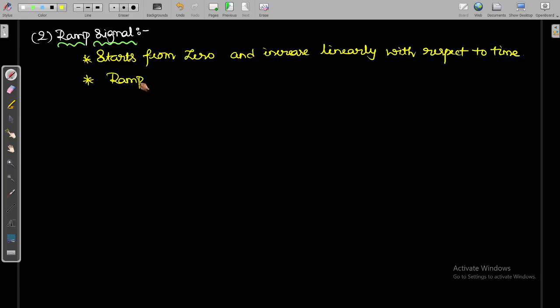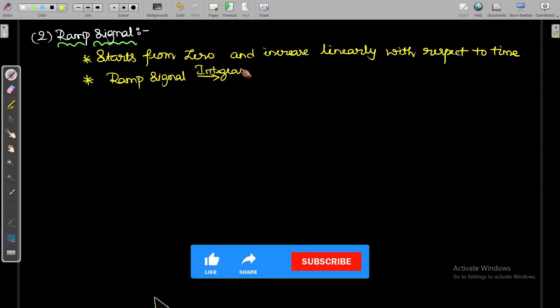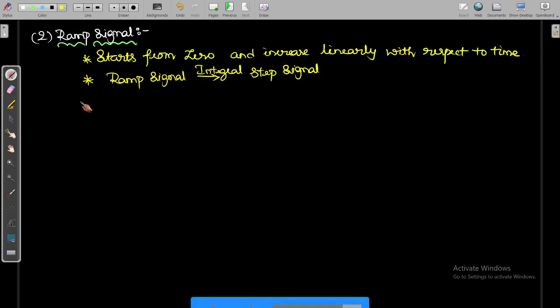Some important points about the ramp signal you have to remember. The ramp signal is the integral of the step signal. It has the ability to test systems that vary linearly with respect to time.